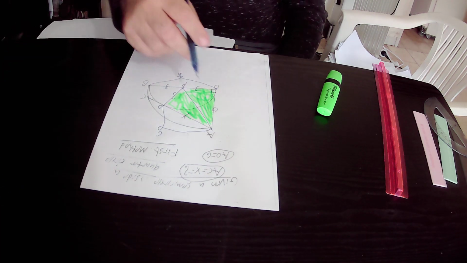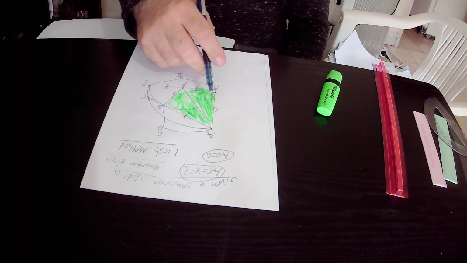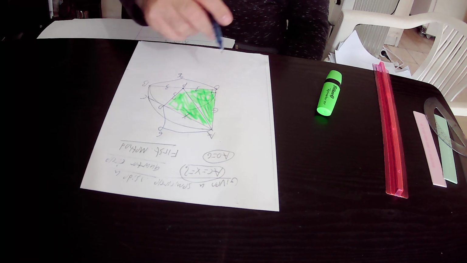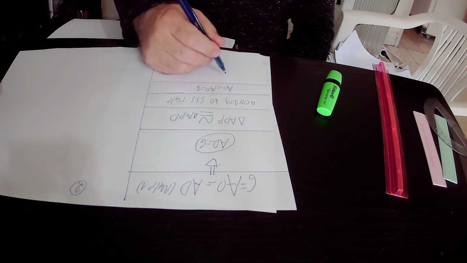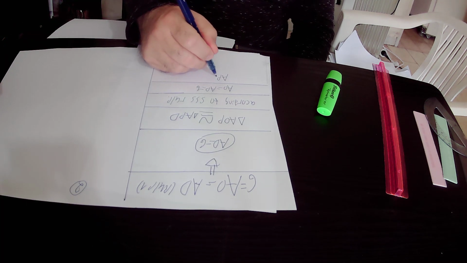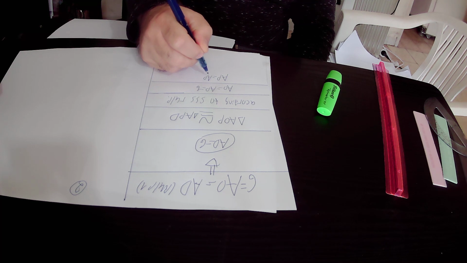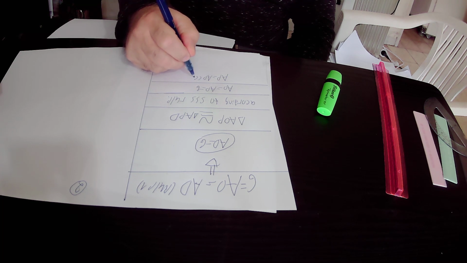In addition, AP equals itself. It is a common side that belongs to both triangles.